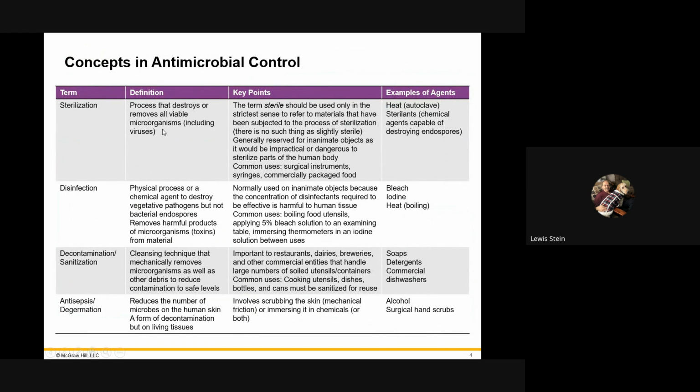So here it is. Viable is a poor term here, because viable implies living, and viruses and prions are not. But I know prions are not part of it. All viable microorganisms. The big player here, everybody, is that it involves the definition of sterilization: destruction of bacterial endospores.